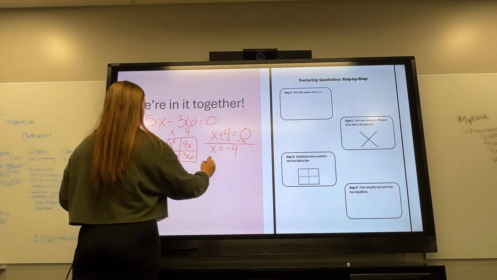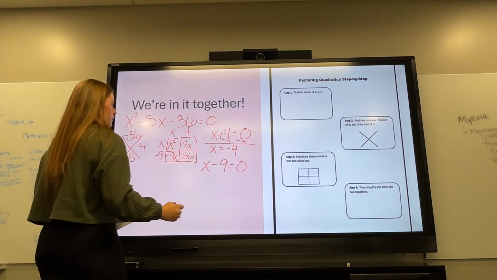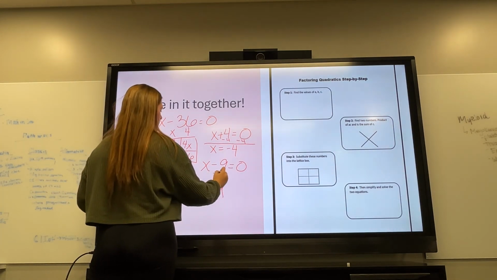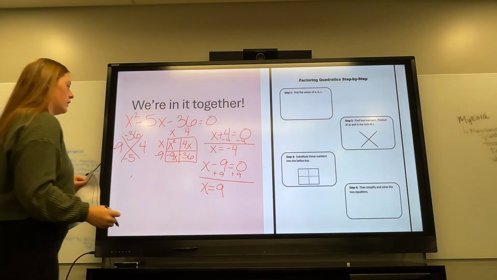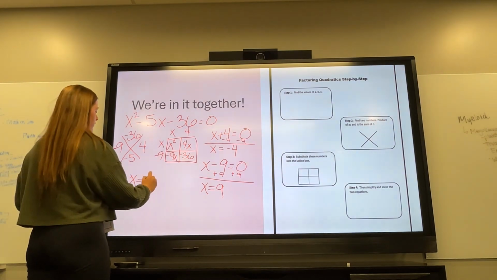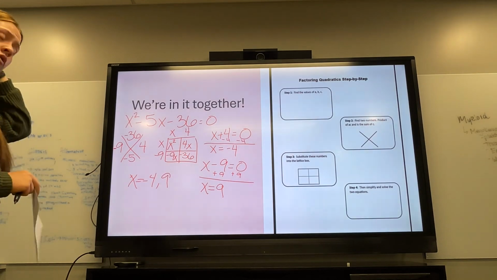Then x minus 9 equals 0. You should get x equals 9, because you add 9 to both sides. So our solutions are x equals negative 4 and 9. Those should be your solutions for this one.